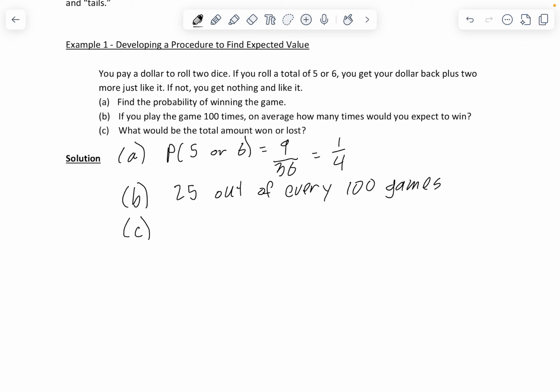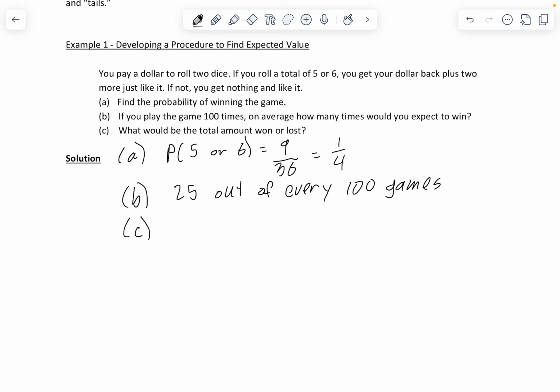What would be the total amount won or lost? Well, according to the description of the game, if you lose, you don't get your $1 back. You lose $1, right? You have to pay $1 to play the game, and every time you lose, you're out your $1, right? If you win, you get a total of you get your $1 back plus 2 more just like it, right?